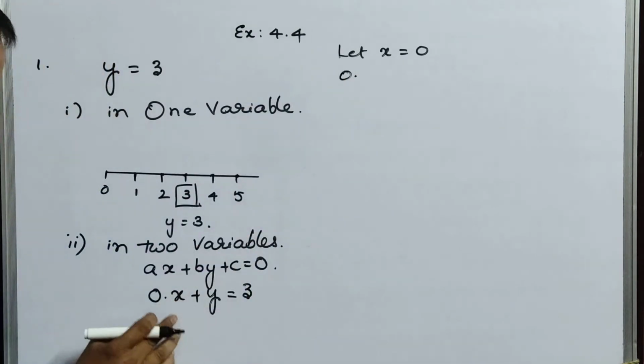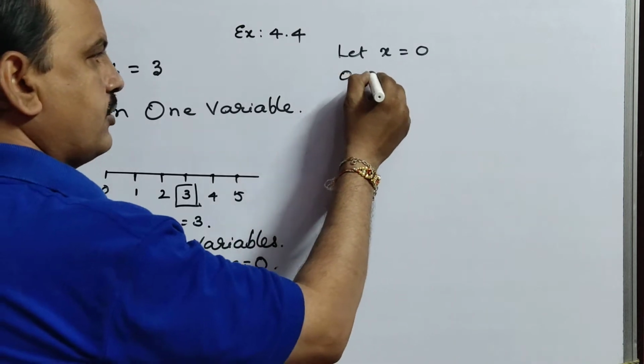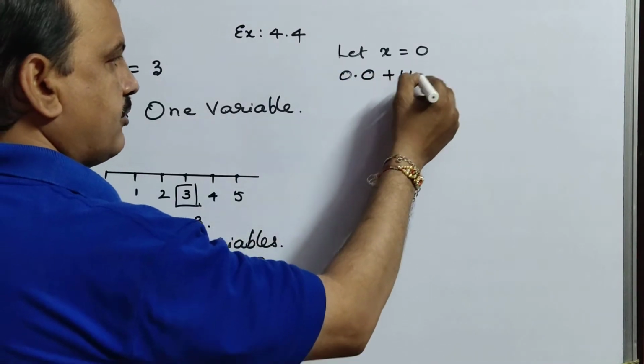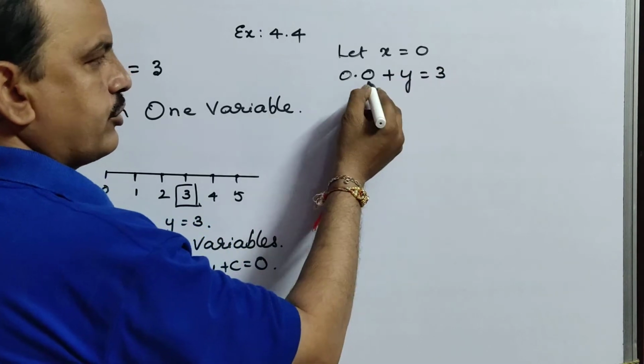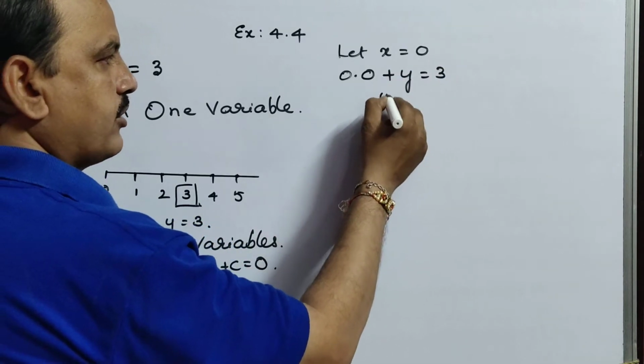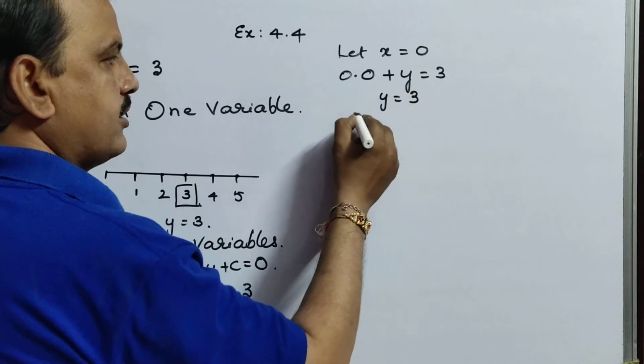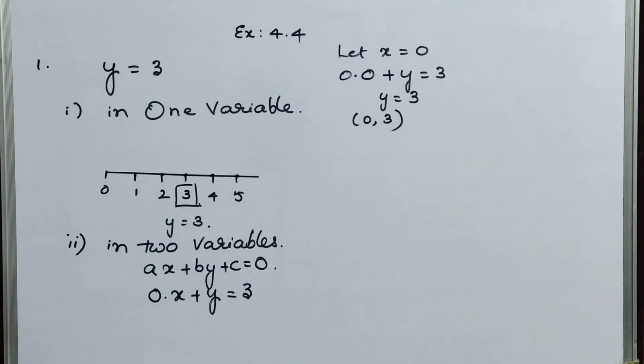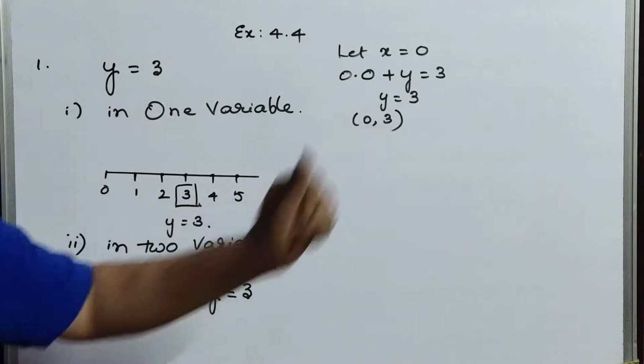Substitute in the given equation: 0 dot 0 plus y equals to 3. 0 into 0 is 0. So y equals to 3. That means 0 comma 3, you got the coordinate points 0 comma 3.